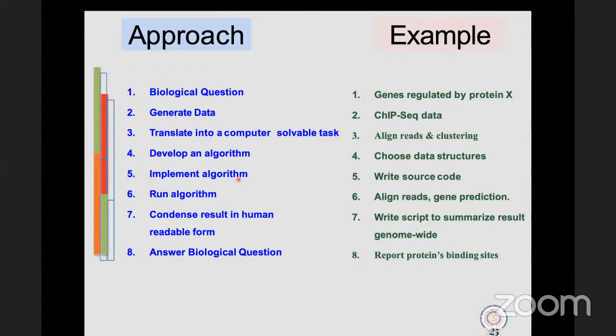Then for the implementation, I implement the algorithm as software and run that application to align the reads, predict the gene, and give the conclusive result. Finally it will answer the biological question, whether this protein regulates the gene or not, or whether binding sites are affected or not.